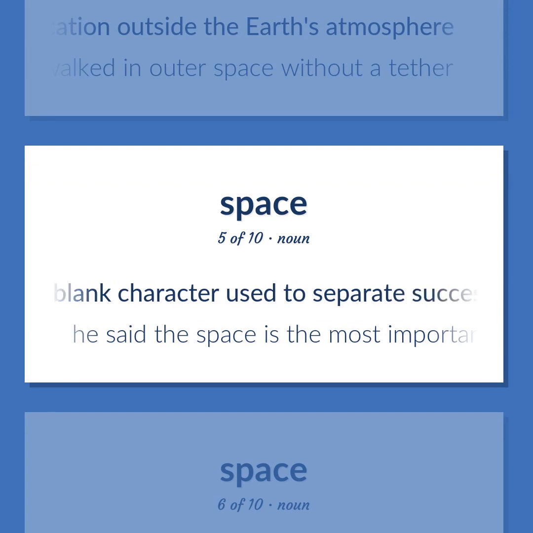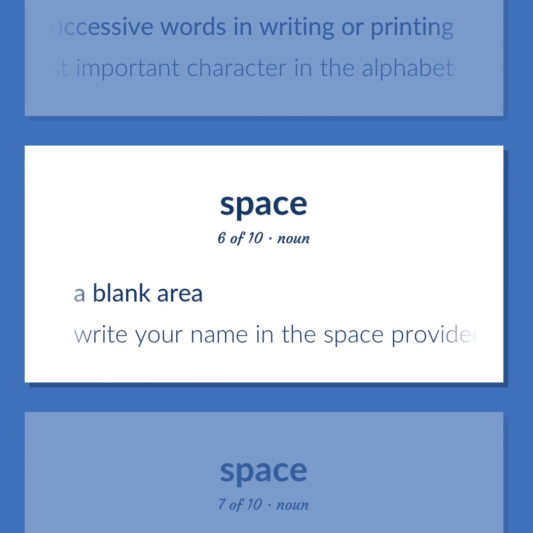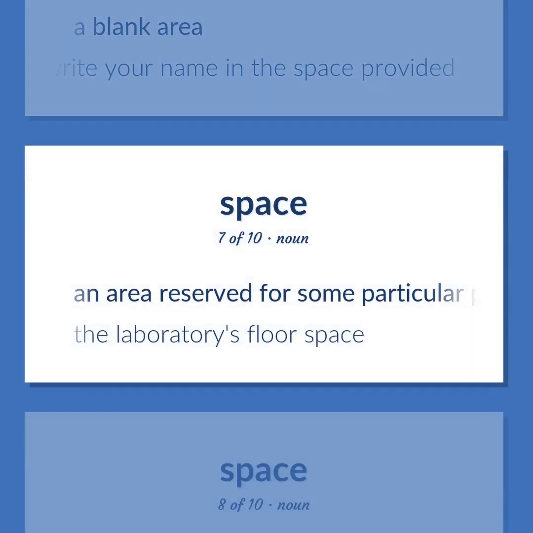A blank character used to separate successive words in writing or printing. He said the space is the most important character in the alphabet. A blank area. Write your name in the space provided. An area reserved for some particular purpose. The laboratory's floor space.